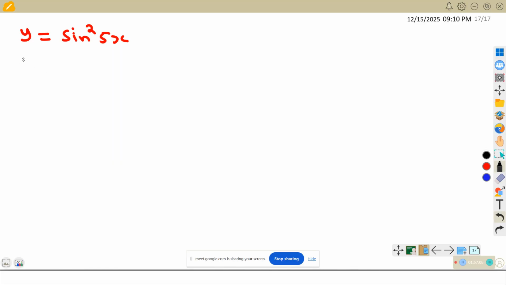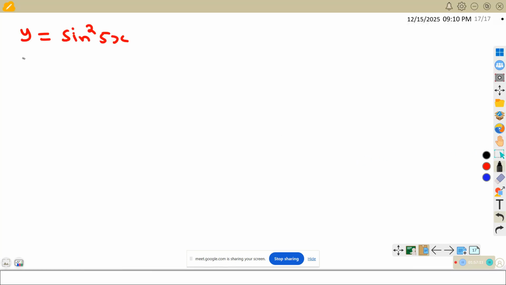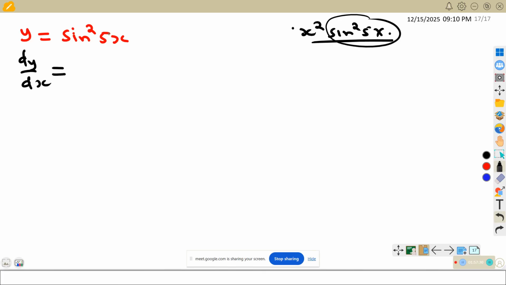You should be able to get these ones very fast, because when you are looking at other functions, for example, differentiating something like x squared sine squared of 5x, you need to know how to differentiate this one alone. Okay, so what will be dy dx? We shall do the same.